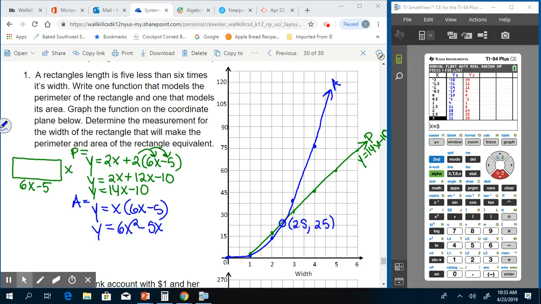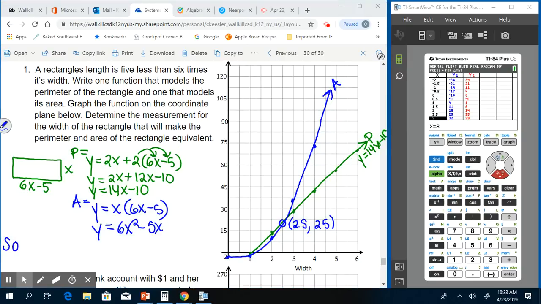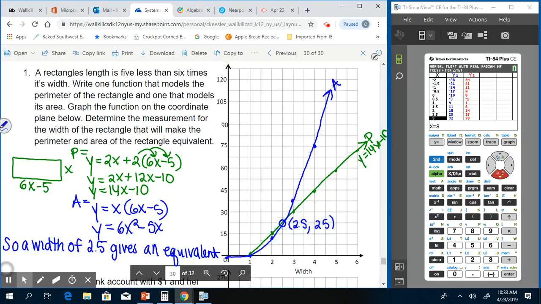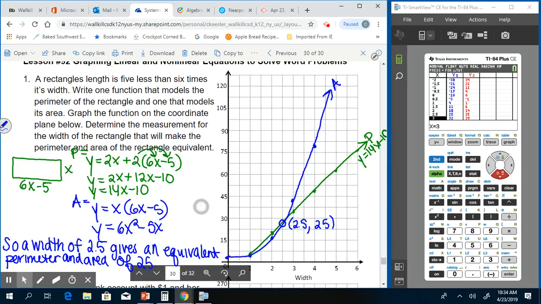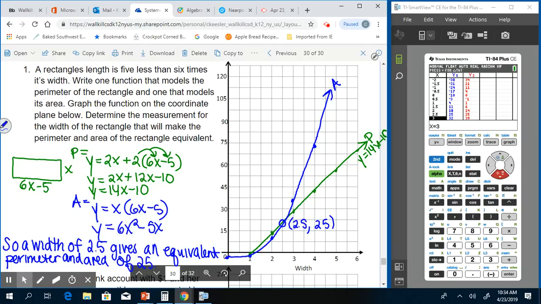A width of 2.5 gives an equivalent perimeter and area of 25. Use your calculator to help you find those solutions if you don't see it exactly on your graph. All right, number 2.